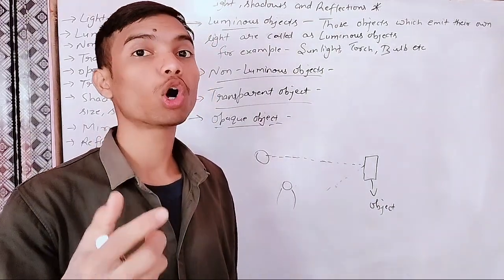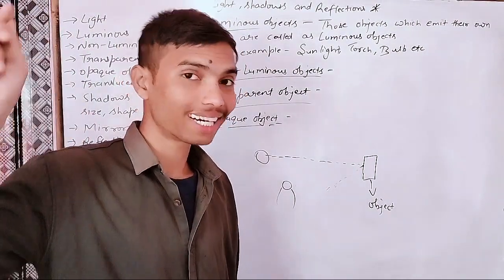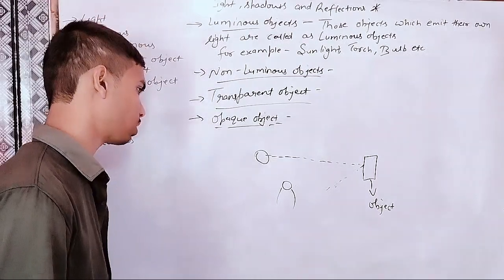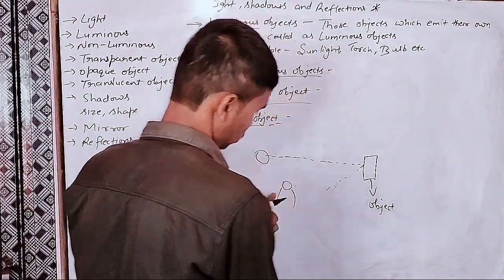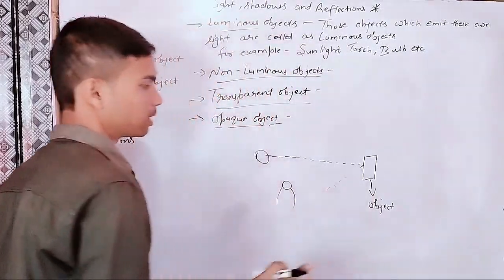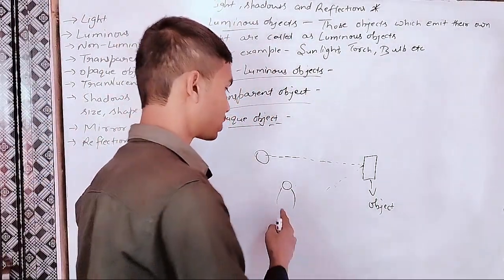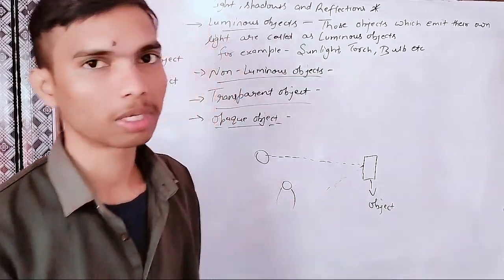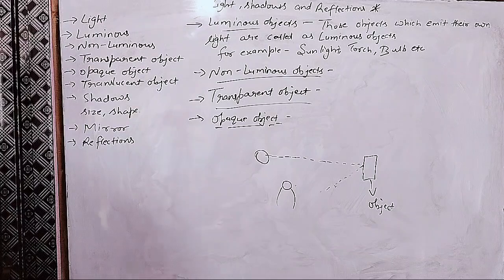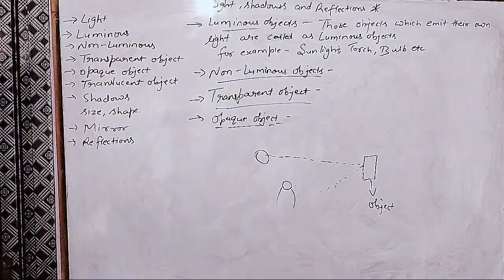We are able to see them because light coming from the source is falling on the surface of the object. This opaque object does not allow the light to pass, that's why we can't see the area behind it. Clear? So I think now we should move on to the next topic.